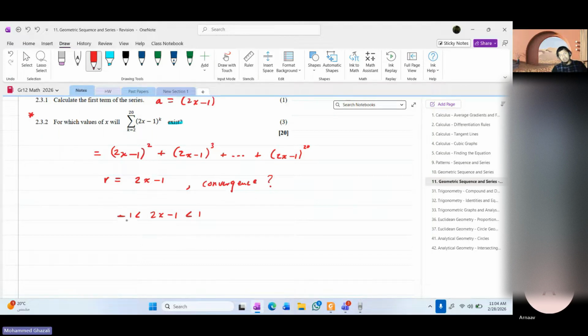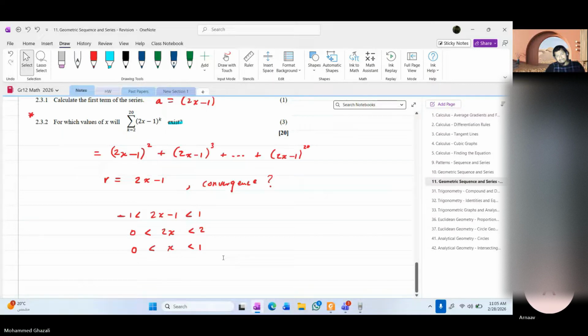If I take the negative 1 over, you'll get 0 because I'm adding 1 and 2. If I divide everything by 2, so we know it converges between the interval 0 and 1. For example, if I put half, that's r, 2x minus 1. It converges between 0 and 1.